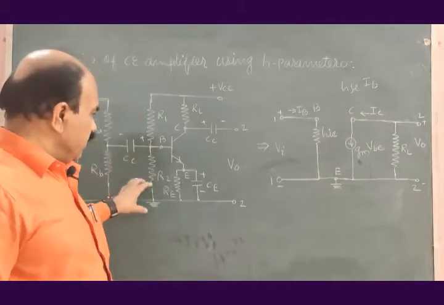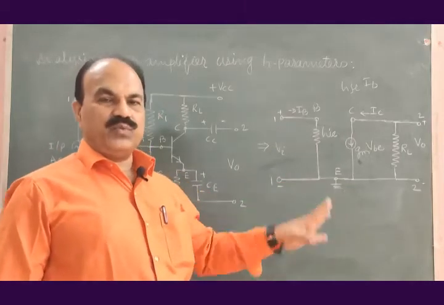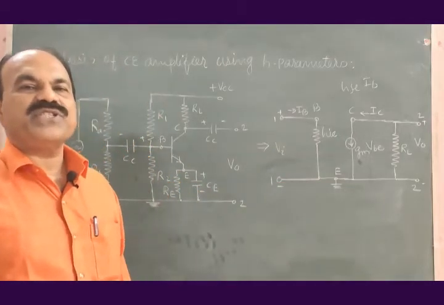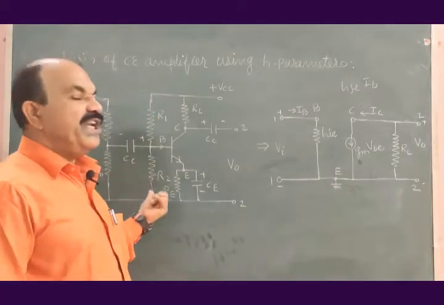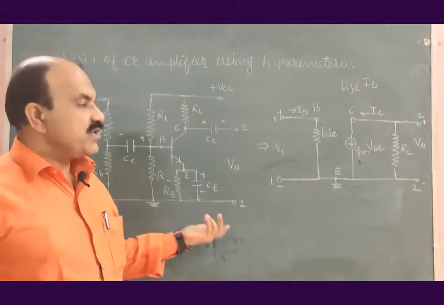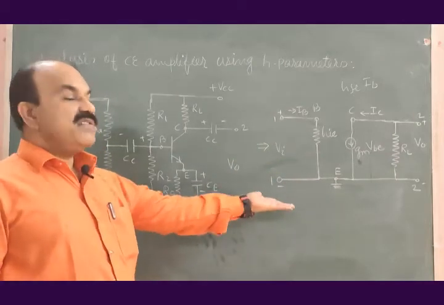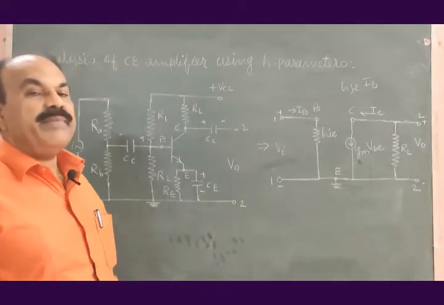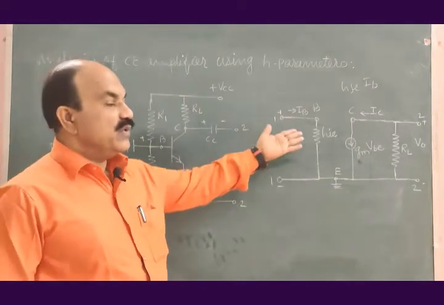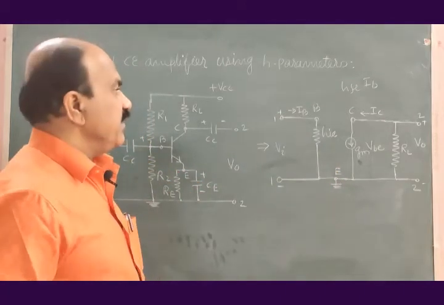So you consider this as figure number 1, this as figure number 2. For analysis of CE amplifier, we need only figure number 2. We do not need figure number 1. Because figure number 2 is the H parameter AC equivalent circuit of this amplifier. And therefore, let me wipe out this figure. We shall use only this figure for analysis of the CE amplifier.